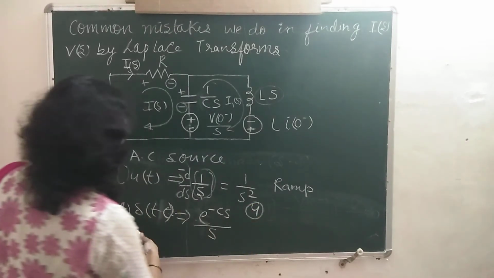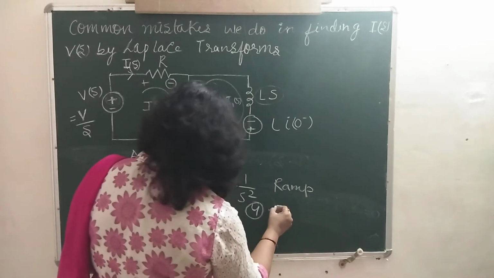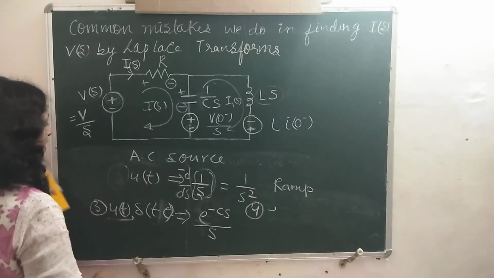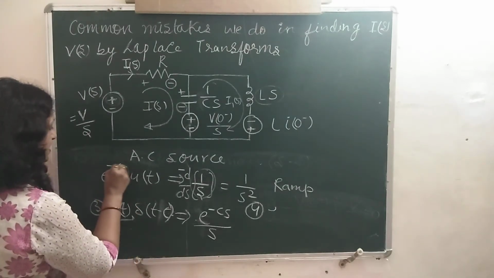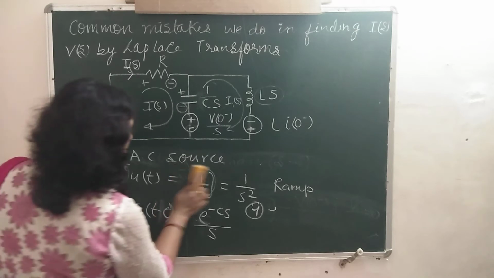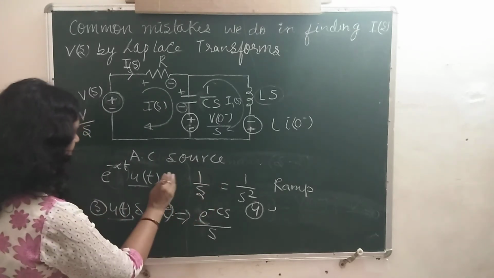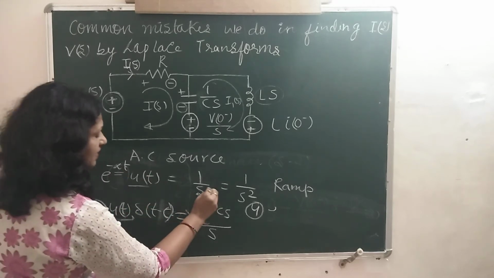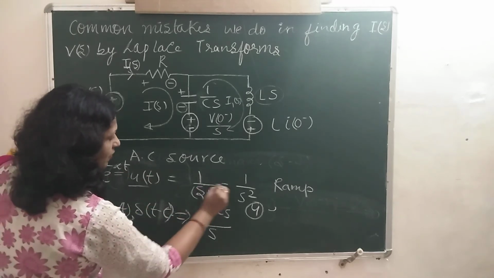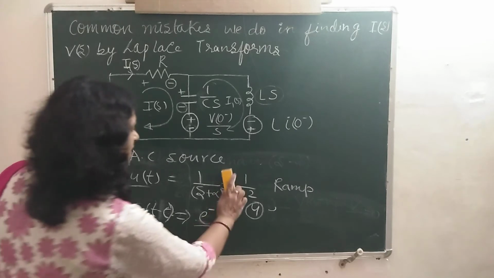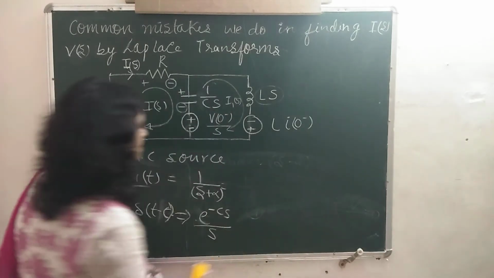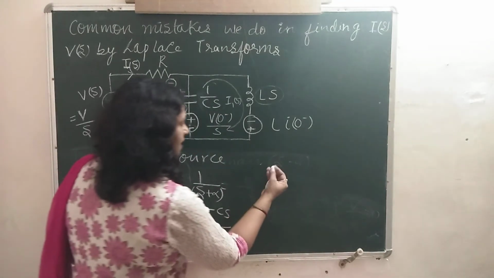And for the next function, if a function is multiplied by e to the power minus alpha t, then what will change? The transform is 1 by s, and because of this alpha, 1 upon s plus alpha will come. These are a few examples.